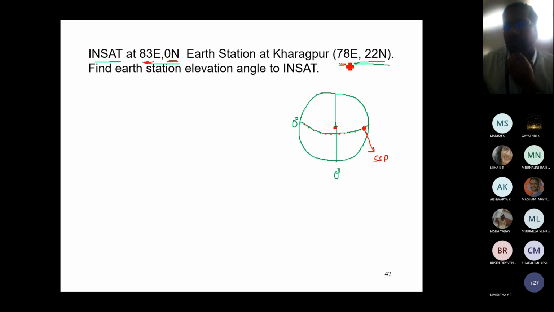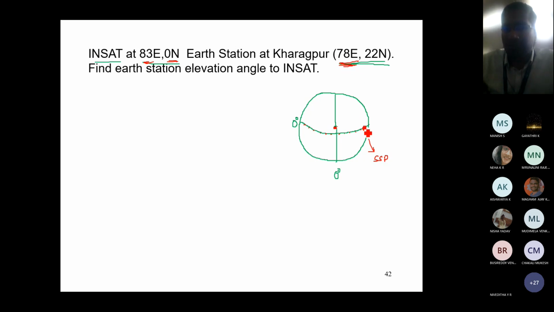So in which direction is Kharagpur located with respect to the satellite? Kharagpur will be located towards the west of the satellite, not with respect to the 0° longitude, because Kharagpur is located at 78° east.